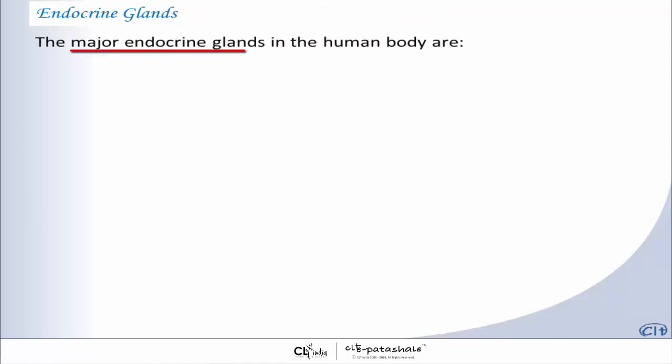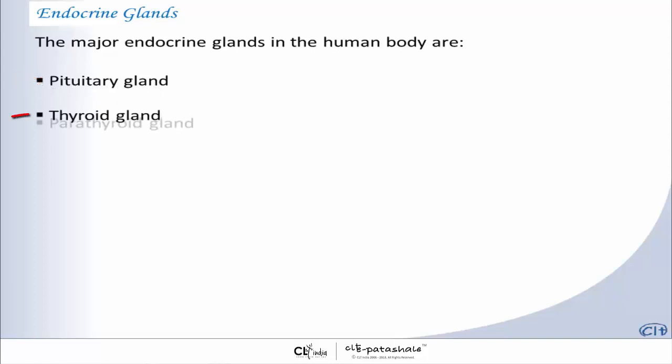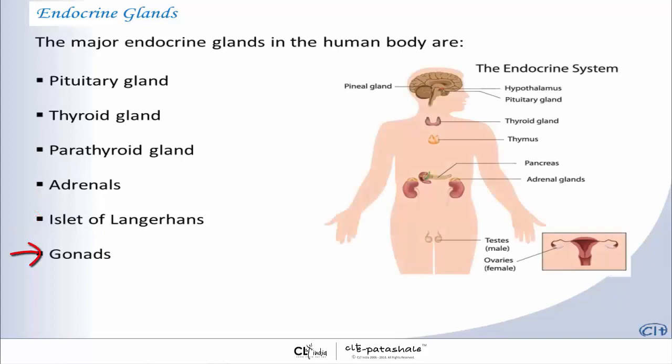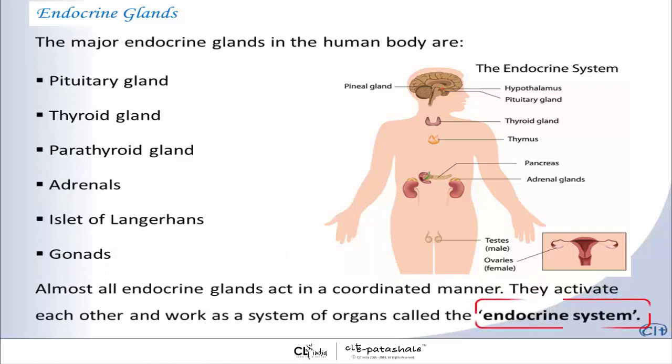The major endocrine glands in the human body are the pituitary gland, the thyroid gland, the parathyroid gland, the adrenals, the islets of Langerhans, the gonads, etc. Almost all endocrine glands act in a coordinated manner.